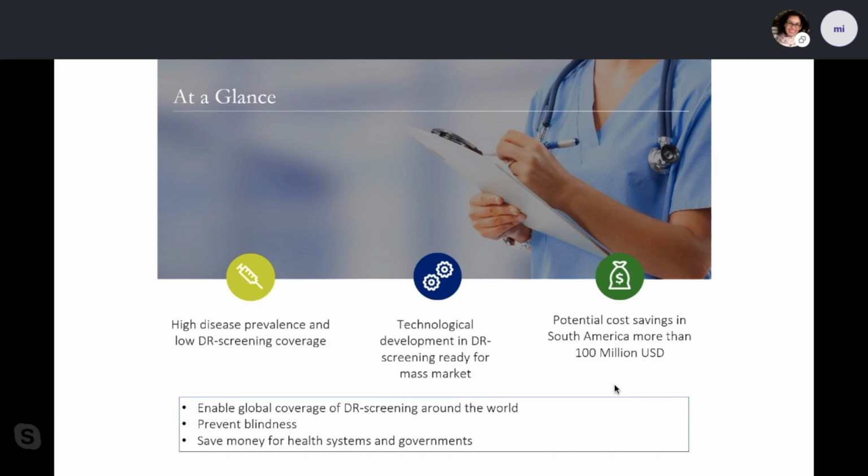So with this project, we are not only going to save patients' sight, but also save a lot of money, not only for the health insurance system, but also for governments. So everything adds up, whether you are thinking from the patient point of view or from the medical system point of view. It's a win-win situation.